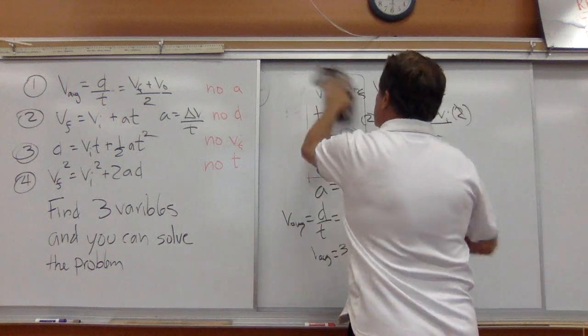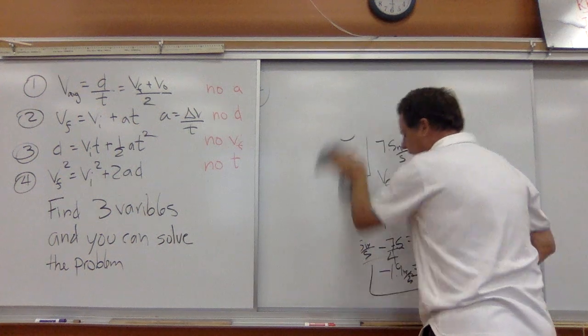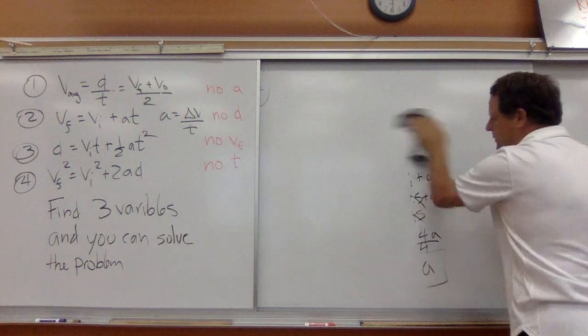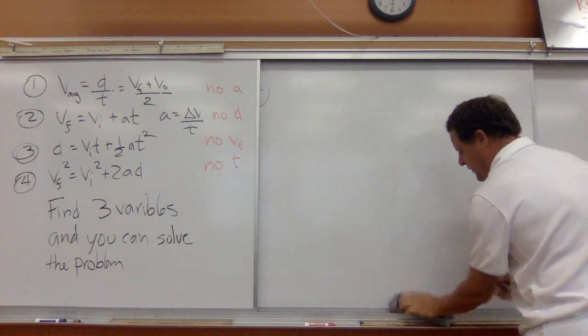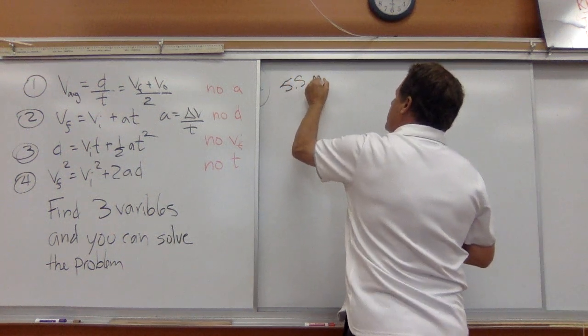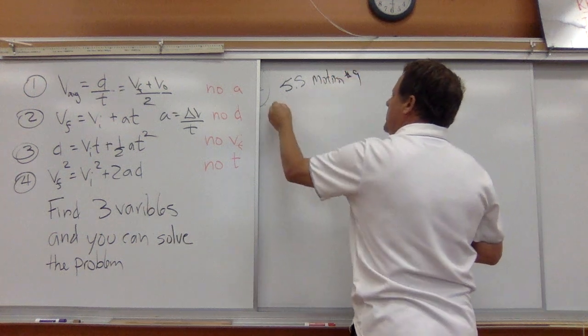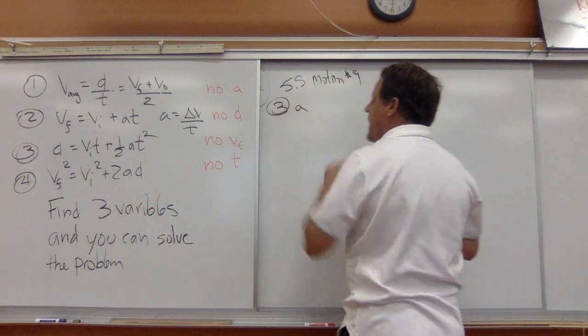So this is going to be motion number 9, which will work out to be 5.5. So 5.5 or motion number 9, problem 3A.